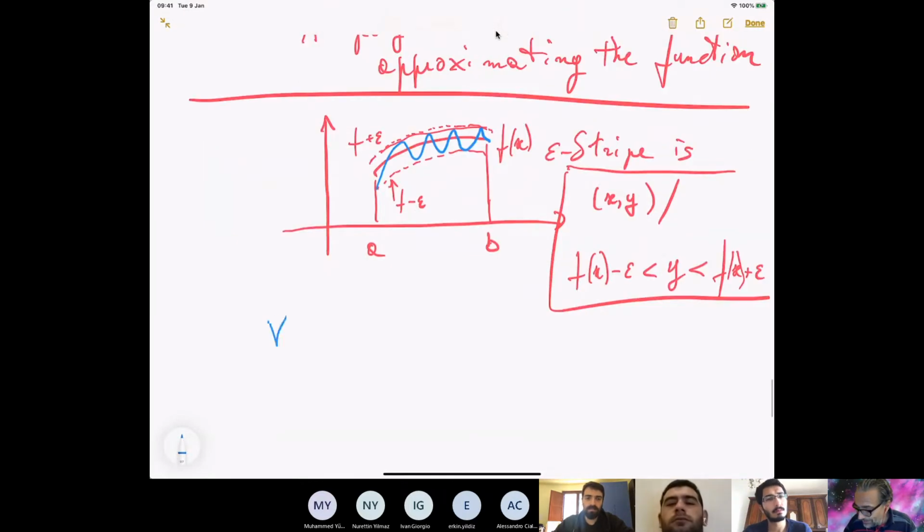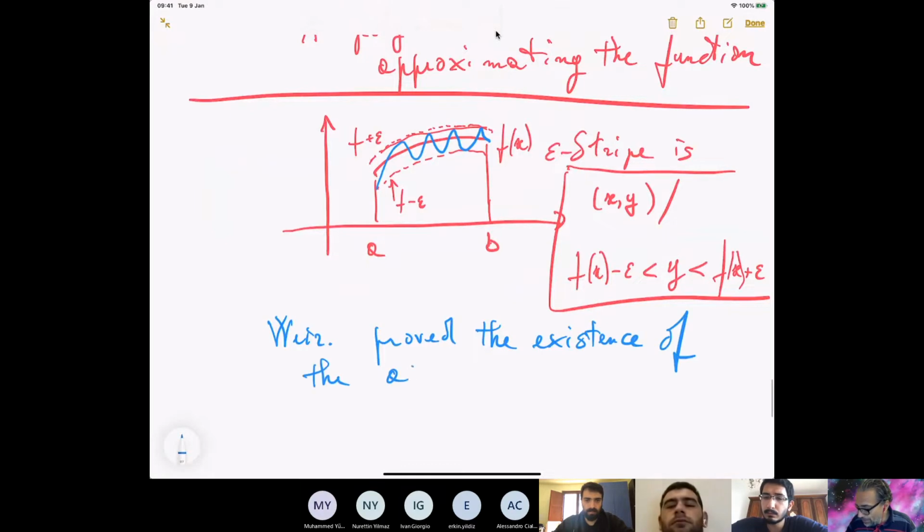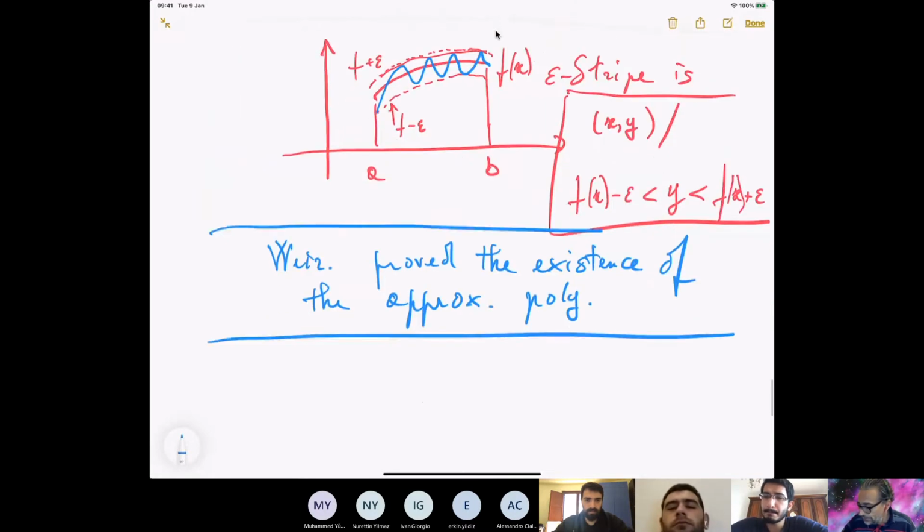So Weierstrass proved the existence of the approximating polynomial. However, he didn't construct in an easy way the approximating polynomial.